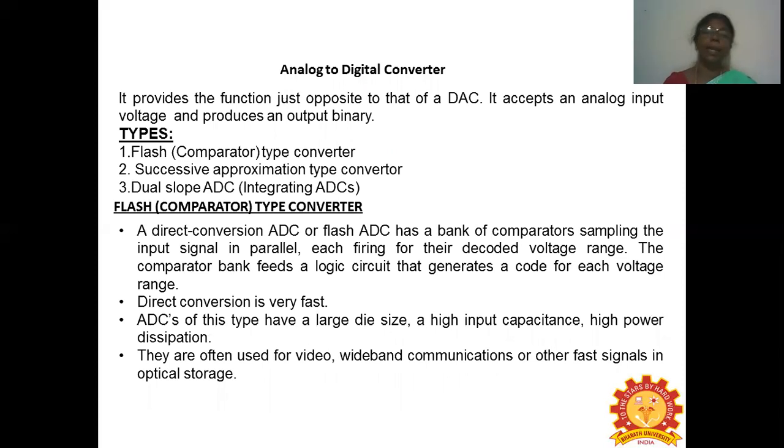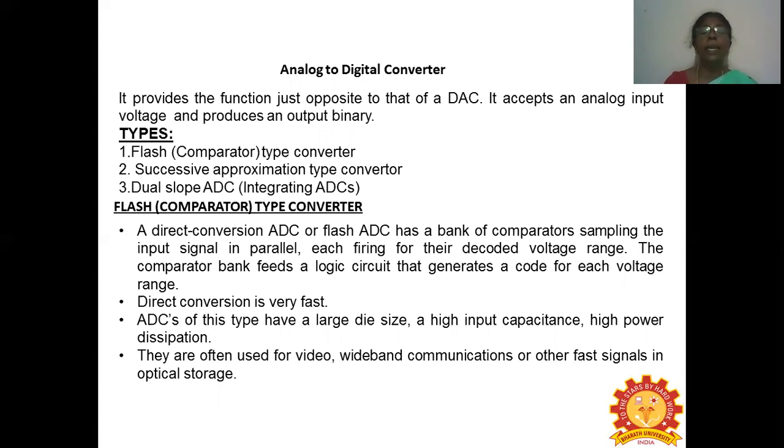Next one, analog to digital conversion. This circuit provides the function just opposite to that of the digital to analog converter. The circuit accepts an analog input voltage and produces an output as a binary value.